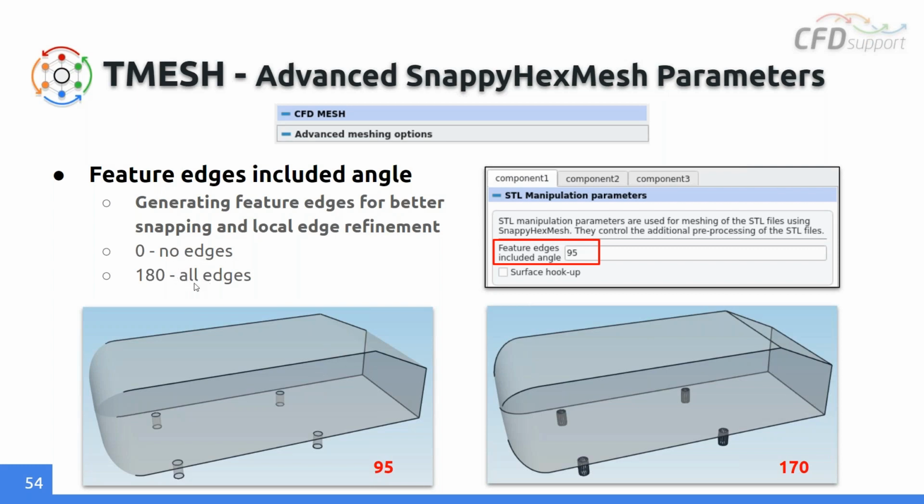There is a parameter for how sharp edges should be extracted by angle: 0 for no edges and 180 for all edges. Based on these edges, we can then set the level of refinement, for example, only for the cells which are intersected by these edges.